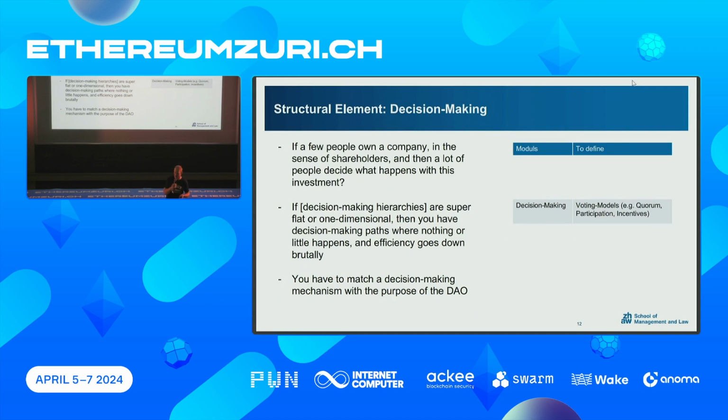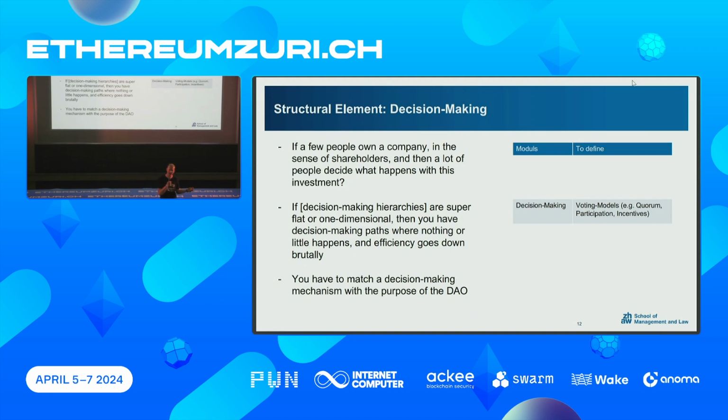The next point is decision making. It's a big topic in DAOs in general, and also a highly debated topic, because there could be different reasons on how you want to, or why you want to, set up a decision-making mechanism in a certain way. You could think about what is a fair decision-making mechanism.